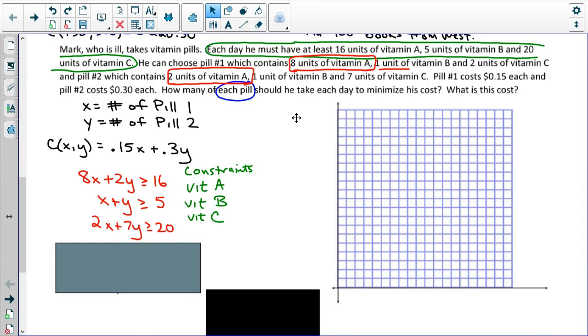First of all, I probably want to label things. So I'm going to label this as X for pill 1 and Y for pill 2. Actually, I'm going to skip lines just to space my graph out and make it easier.